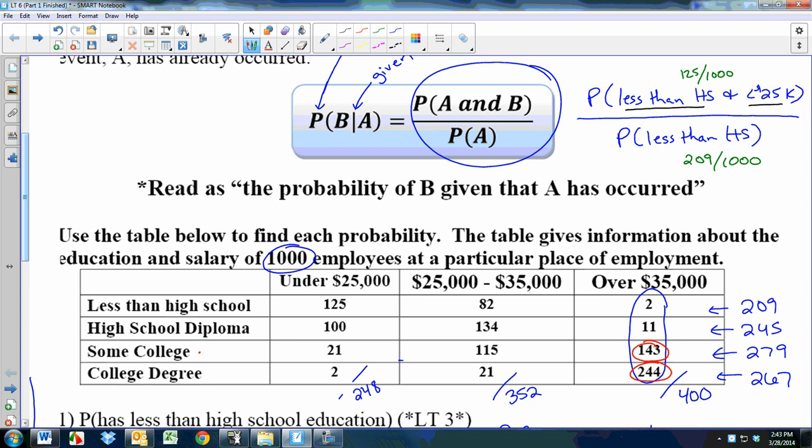So if I said find the probability of picking someone given that they earned over 35,000, you're only looking at the people who earned over 35,000. You're not looking at 1,000 employees, you're only looking at 400. So that's a conditional probability.